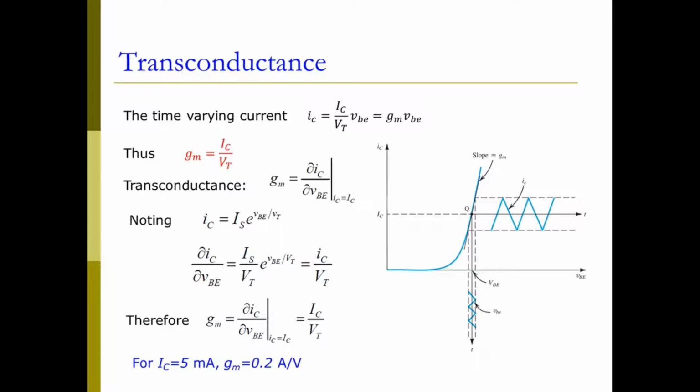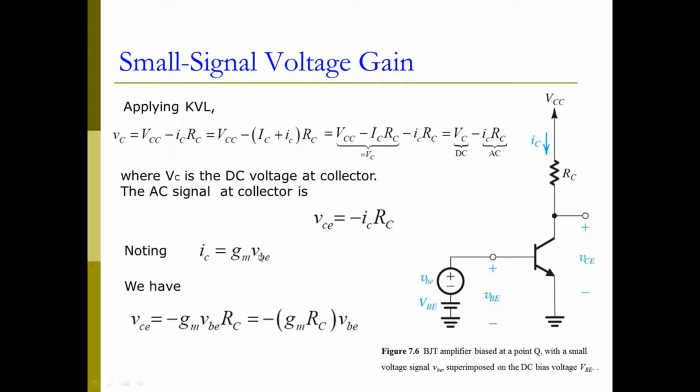If we go back to the slides, the time varying current ic equals gm times vbe. If we plug into this formula by replacing the time varying ic by gm vbe, we are able to get vce equals negative gm vbe RC, that is, negative gm RC times vbe.